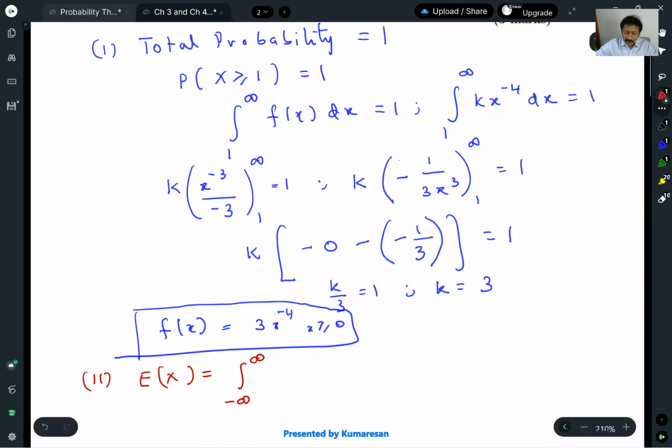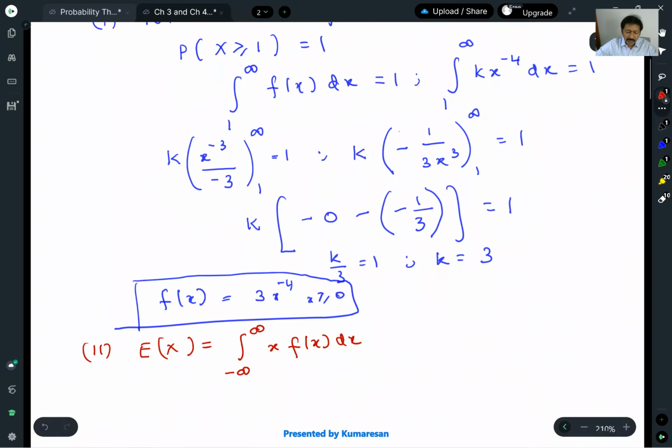This is the general formula where we integrate over the whole range over which the density function is defined, x multiplied by the probability density function times dx. This is how we find the mean, the expected value of x.